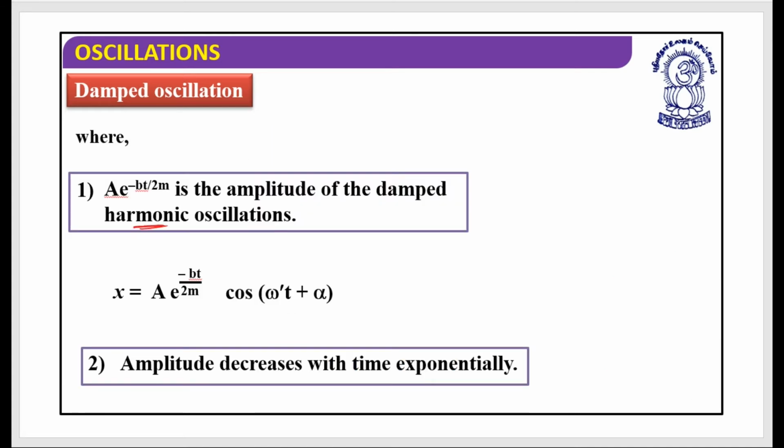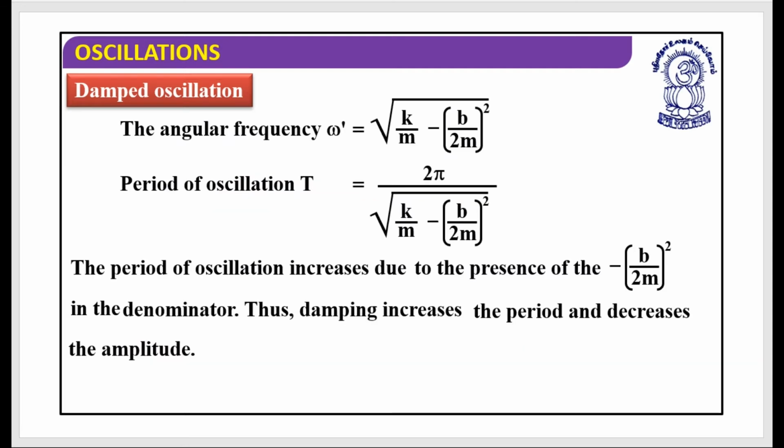A0 e to the power minus bt by 2m is the amplitude of the damped harmonic oscillations, and this amplitude decreases with time exponentially. And the next is the angular frequency, omega', which is given as the square root of k by m minus (b by 2m) whole square.